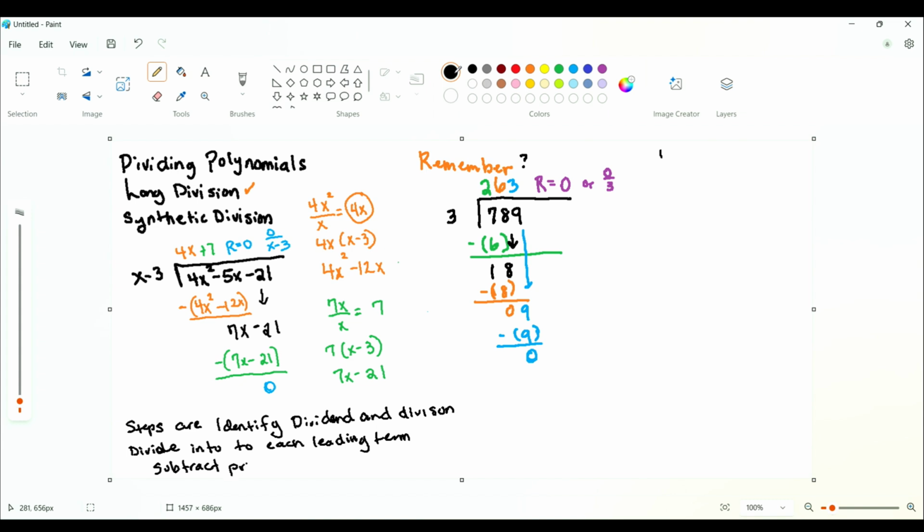You're then going to subtract the product. So divide into your leading terms. Multiply the number you got or term you got by the quantity, and then subtract. Make sure you bring down the next term. Repeat. Once you get to the very end, you're going to write the remainder as a ratio or as a rational expression.